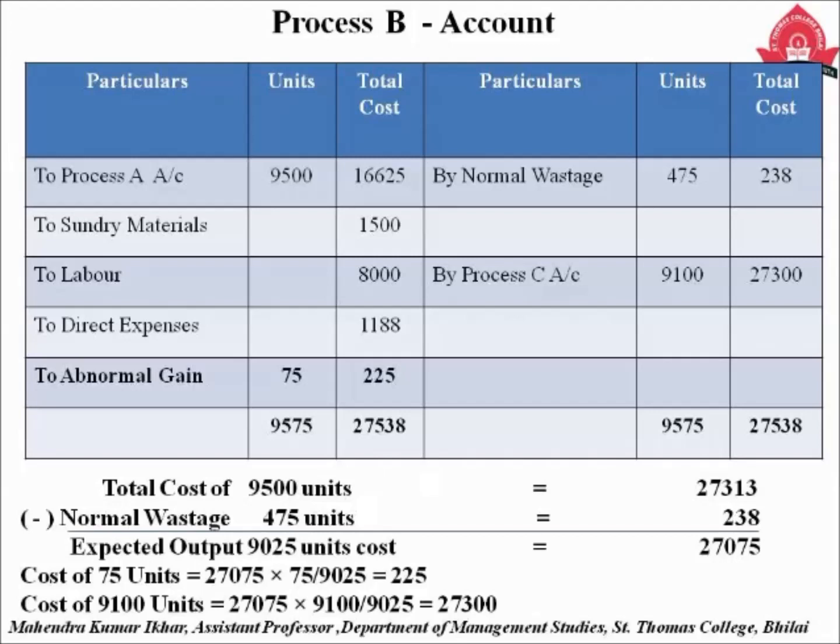But here the basic difference, expected output is less than the actual output. We got the actual output 9,100 units, so the abnormal gain is 9,100 minus 9,025 units, that is 75 units, and the cost of 75 units and now 9,100 units both are calculated on the basis of 9,025 units.